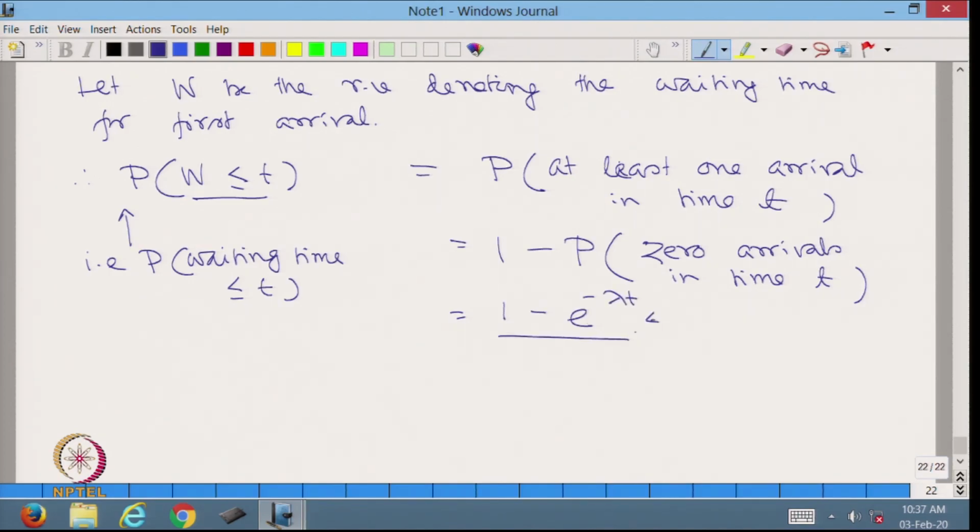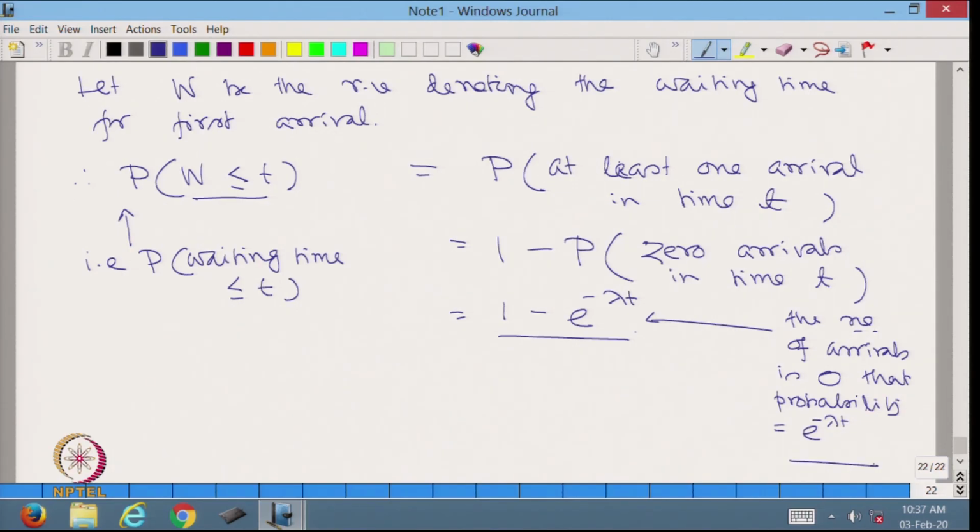This is because the probability that the number of arrivals is 0 is e to the power minus lambda t, that we have already seen.